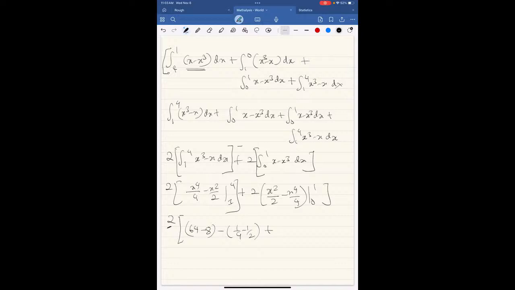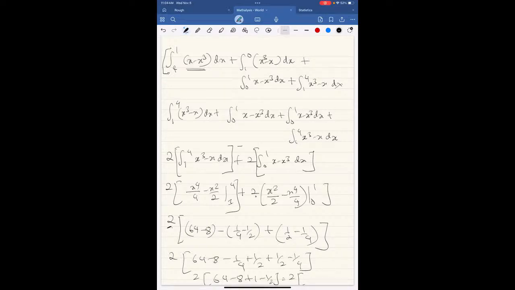Now 1 by 2 minus 1 by 4, there is just 0. So this is now 64 minus 8 minus 1 by 4 plus half, plus half minus 1 by 4. So that is 2 times 64 minus 8 plus 1 minus half.